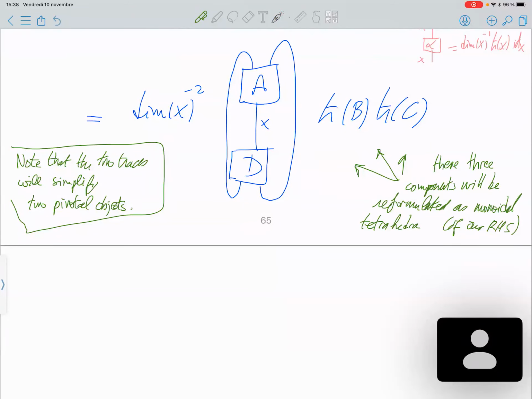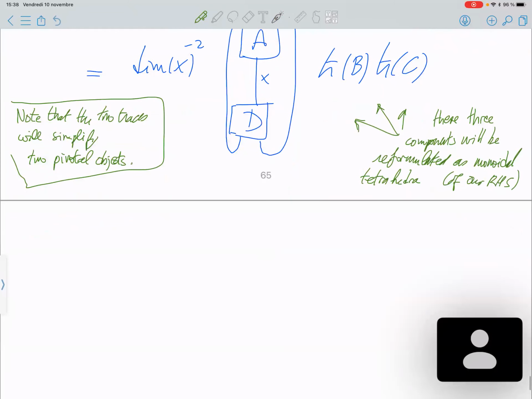Okay, so let me write these 3 components explicitly.